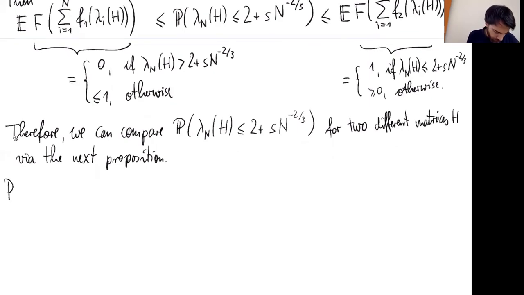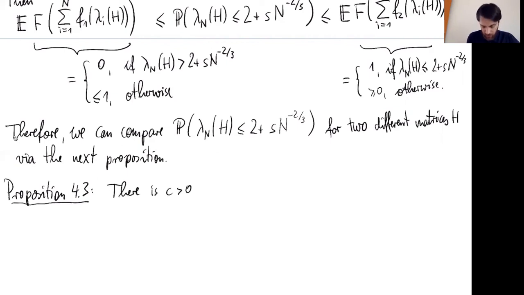So that looks as follows. It's proposition 4.3. There is a positive C such that we have the following.